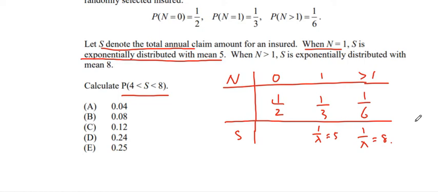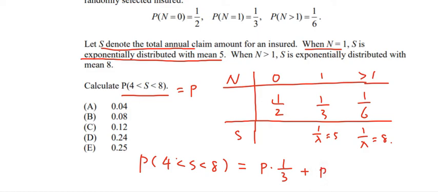So this probability P is when n equals 1, which is 1 over 3, plus this probability when n is larger than 1, which is 1 over 6. So here it is a conditional probability.